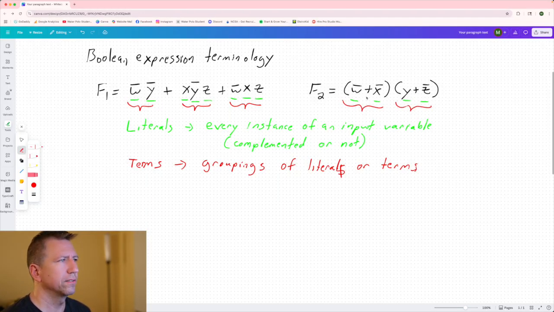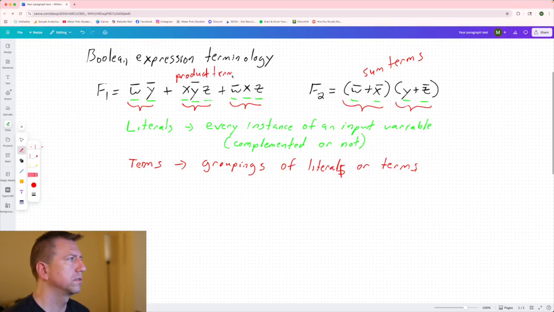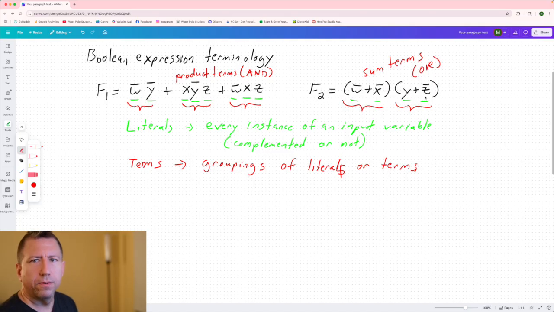And this grouping is of or operations, we call that a sum term. So this would be a sum term, and these would be product terms, because of the and and the or respectively.